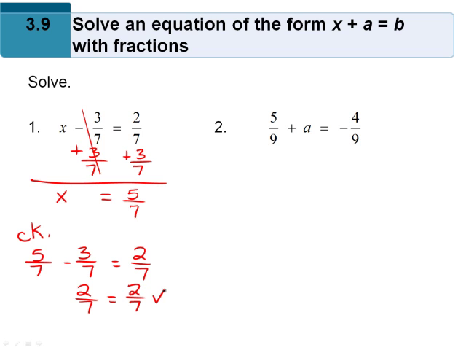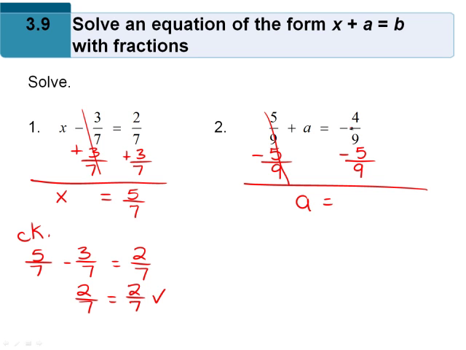Now look at number 2. We have 5/9 plus a equals negative 4/9. We want to get the a by itself, that's the variable we're isolating, so we want to get rid of the 5/9. It's a positive 5/9, so I subtract 5/9 from both sides. 5/9 minus 5/9 cancels, and a comes down.